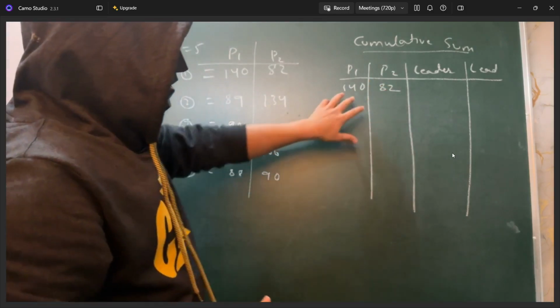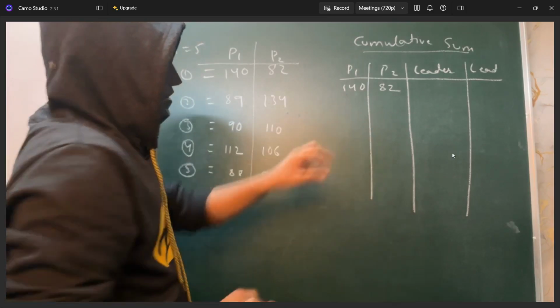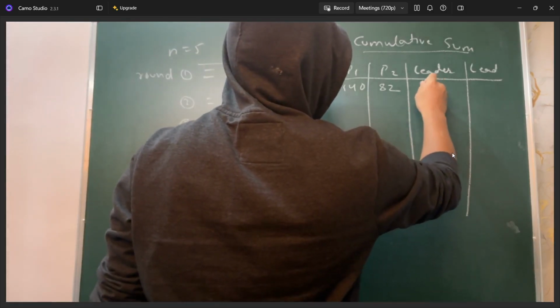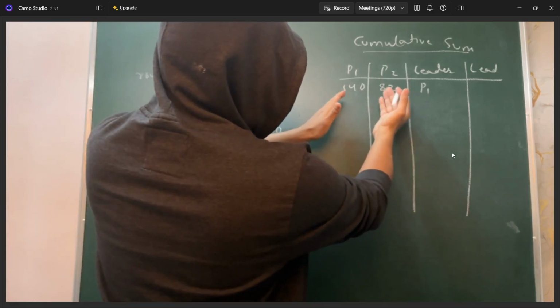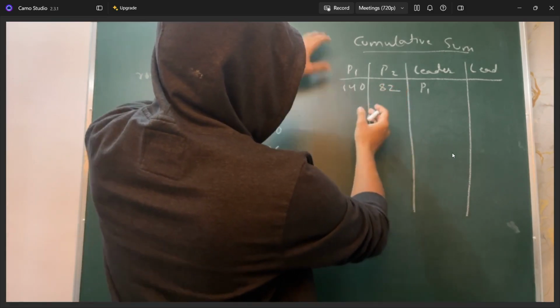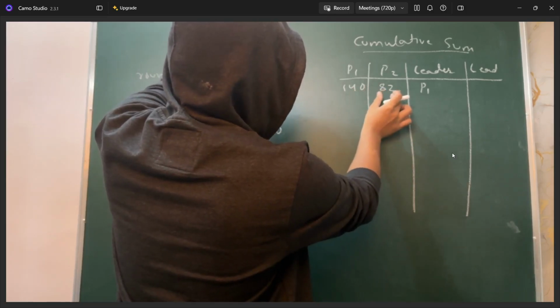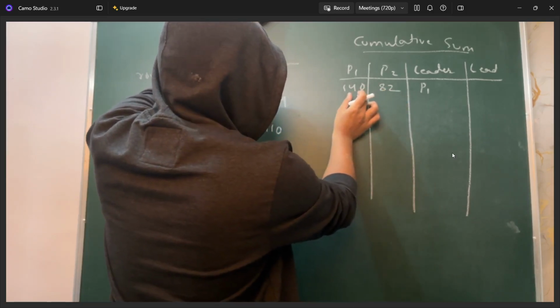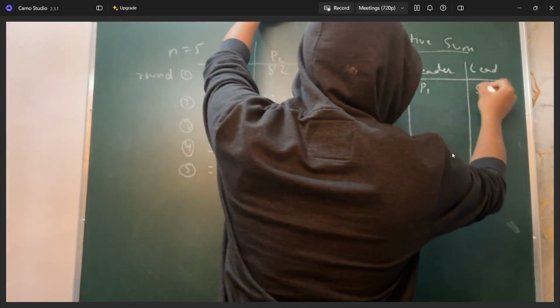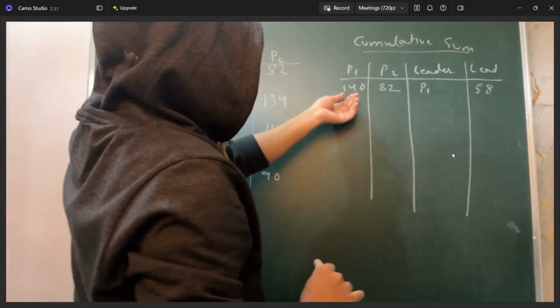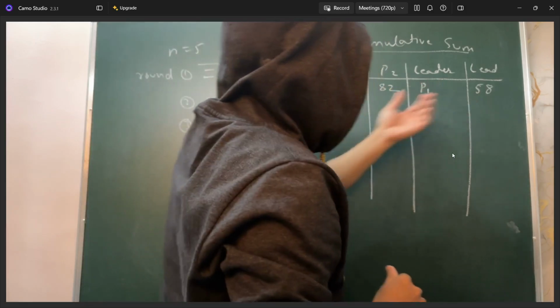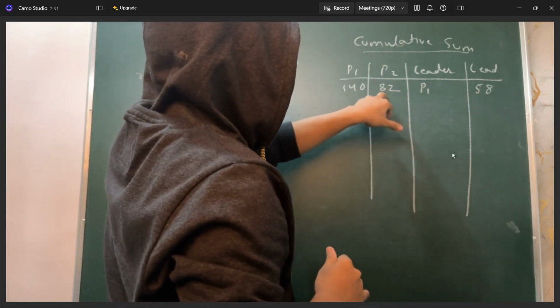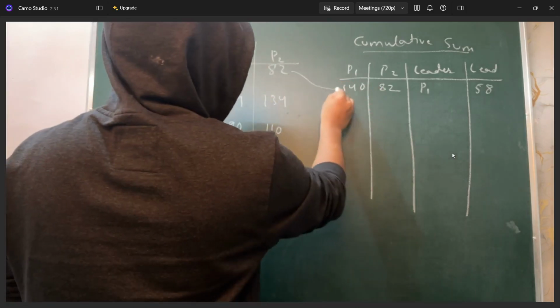So in this case, player 1 has got more marks, so the leader will be player 1. And if you see the difference between their scores, this is 140 and this is 82, which is 58. So player 1 has 58 more than player 2, right? And this is in round 1.